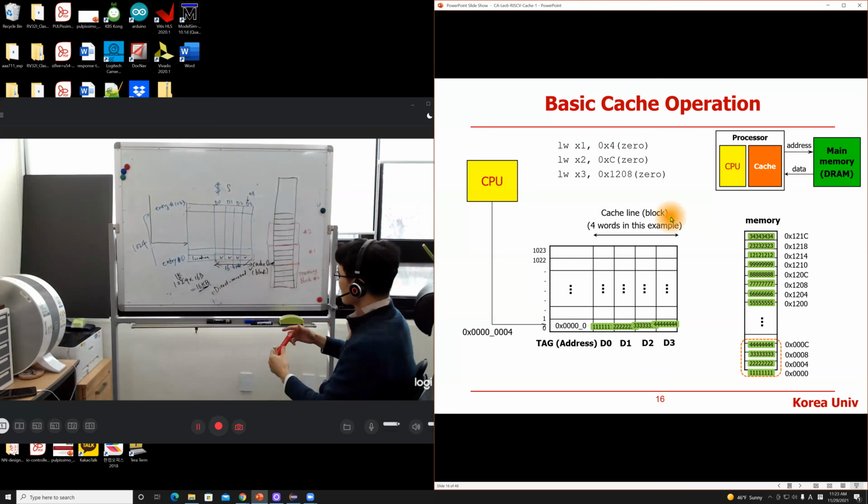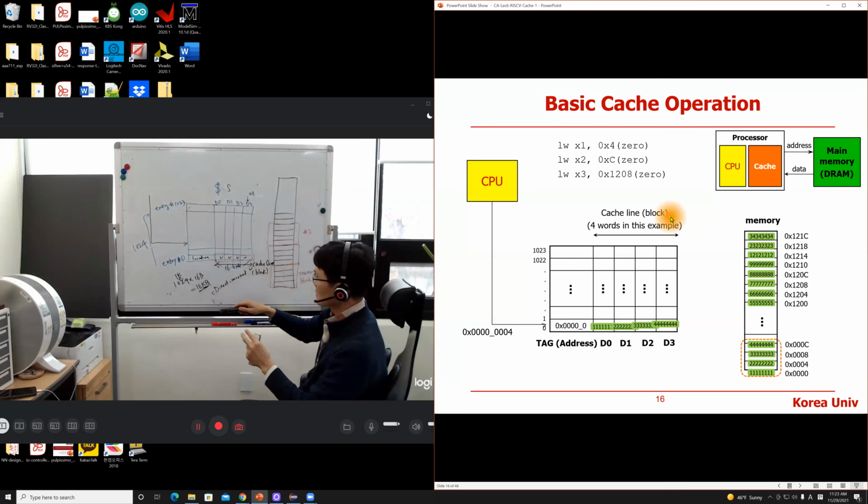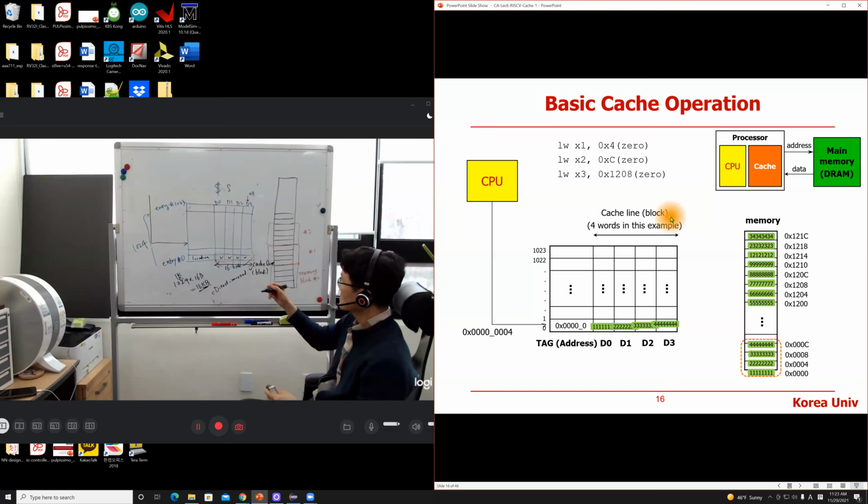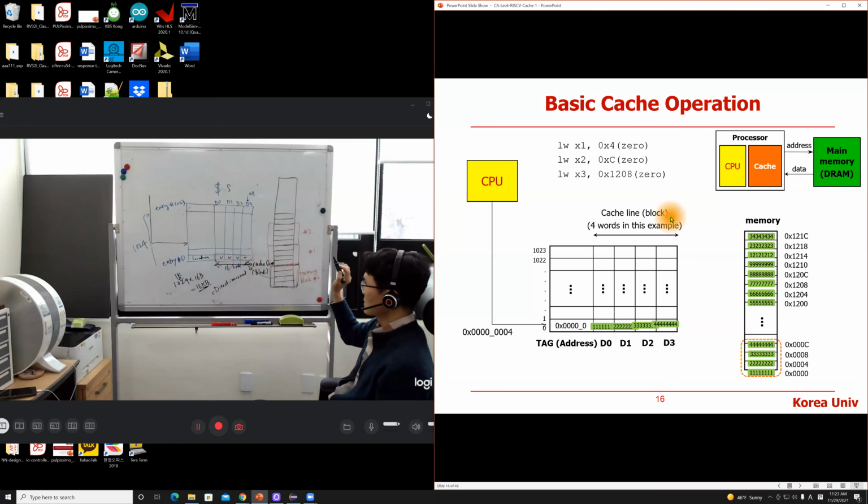Okay. Then when a cache miss happens, the cache will read this whole memory block into the cache. Not only the data you requested, but the ones in this memory block.